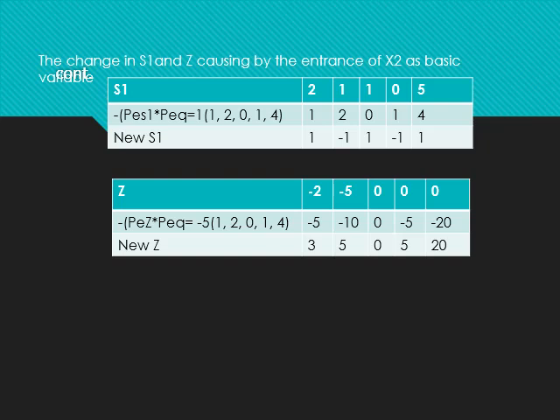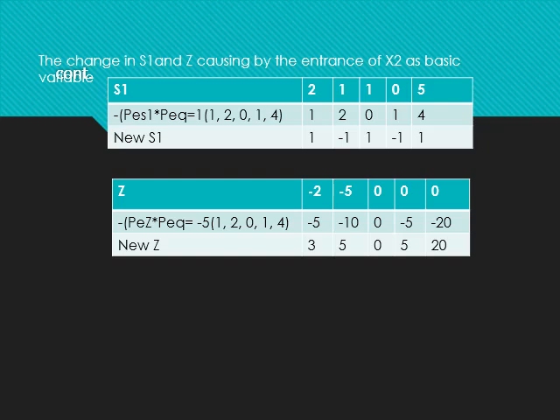This is the new S1 in the next table. Let's see the impact on Z. Again, we are going to copy the values of Z as written in the primal table. Z equal negative 2, negative 5, 0, 0, 0. Let's multiply the pivot element of Z by the pivot equation.